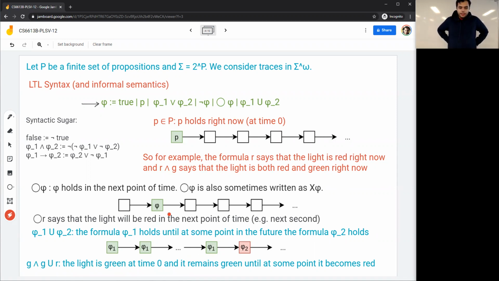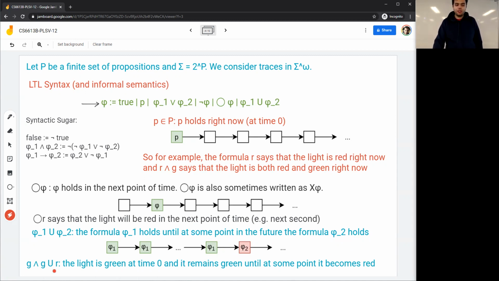Now, the thing that is actually a little bit confusing about all this stuff is that phi1 itself is a formula in LTL, right? And a formula in LTL can actually talk about the future. So for example, phi1 can be next R. Then in that case, whether phi1 holds here actually depends on the rest of the word.